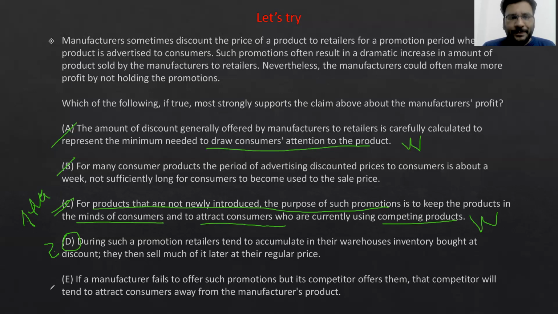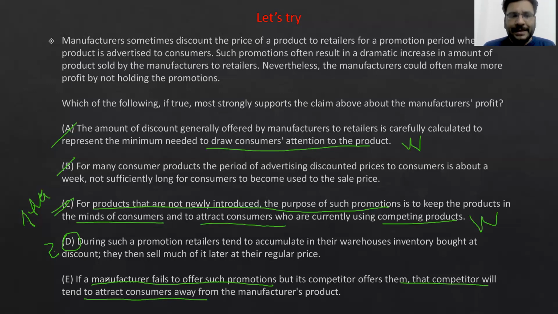Let's look at E. E says if a manufacturer fails to offer such promotion, but its competitor offers them, that competitor will tend to attract consumers away from the manufacturer's product. Now look at the wording. If a manufacturer fails to offer such promotion, the competitor will attract consumers away from the manufacturer's product.